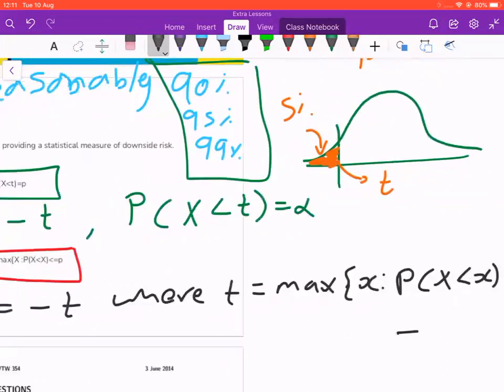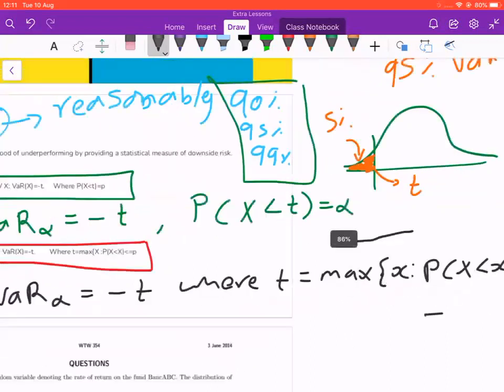This is the definition of VaR for a discrete return.